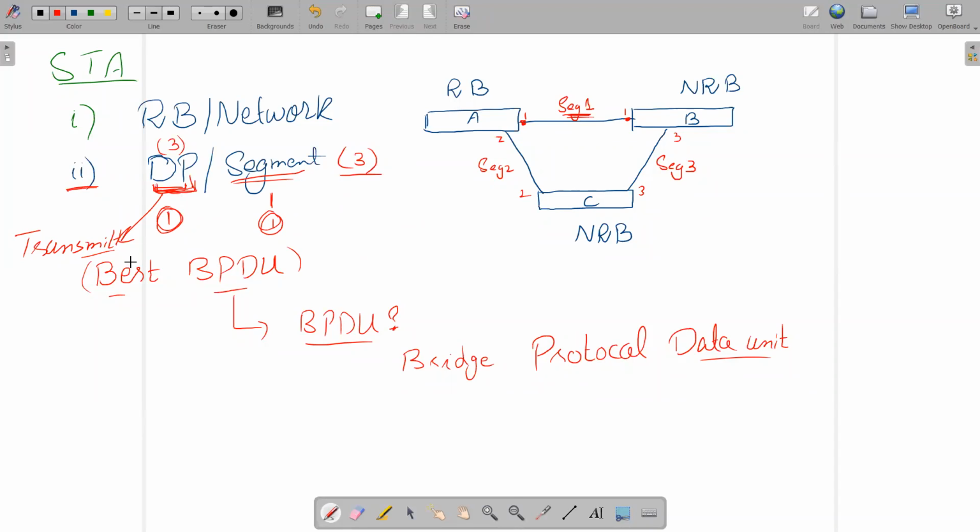It says such a port which transmits the best BPDU. And now the question raised, so what is BPDU? I'm saying BPDU is a bridge protocol data unit, but this is not sufficient beyond the abbreviation. That means we need to look into the BPDU, what is inside the BPDU. So let's start.